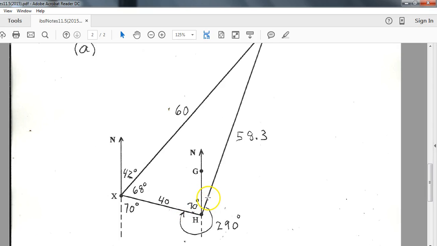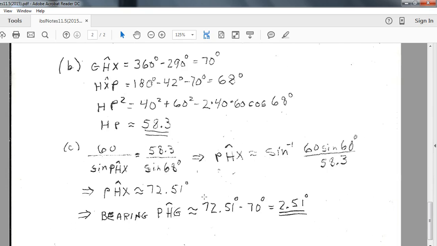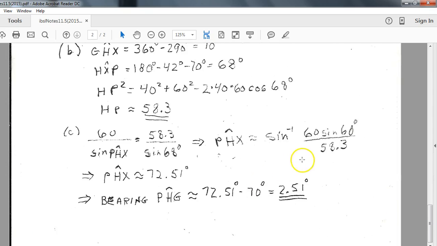And then if we subtract out that 70, that's going to leave us with this little guy that we want, which is our bearing to point P. And so that's the work that you're going to see here down below. So we use that law of sines to solve for PHX. So 72.51 degrees or 72.5 degrees was the entire angle. And then if we subtract out 70 from that, we get our 2.51 degrees.